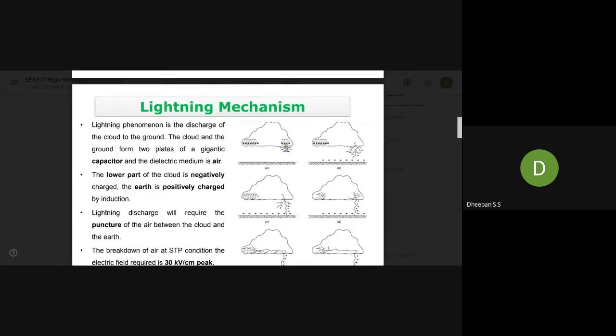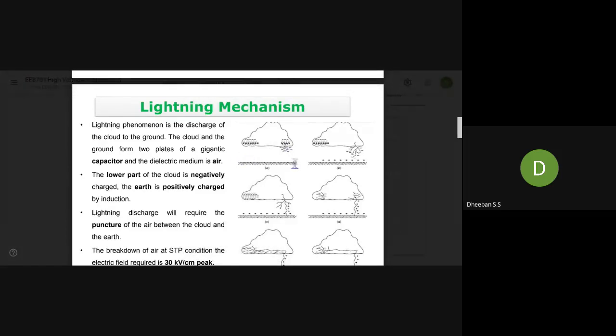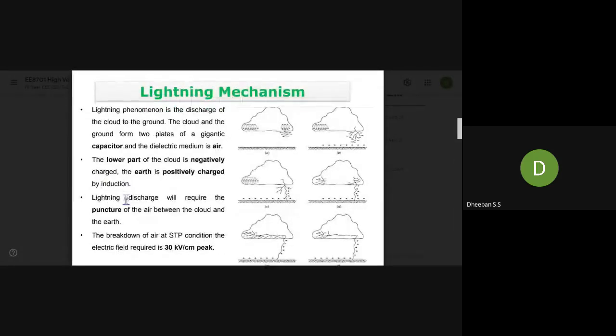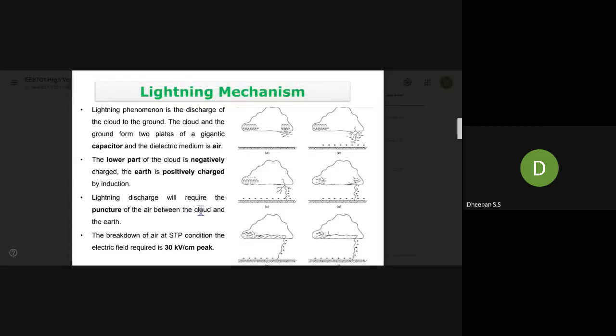With this concept, in order to have a discharge, the middle air medium has to be broken. It has to conduct. If it is able to conduct, the electrical discharge happens. That's what they say: lightning discharge will require the breakdown of the air between the cloud and the earth. So that's the concept.